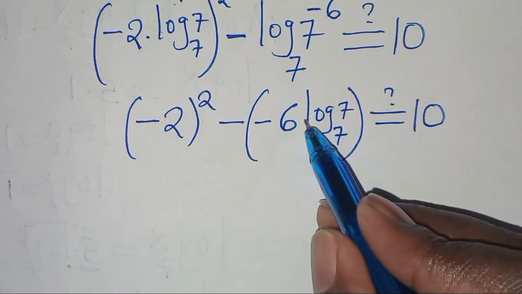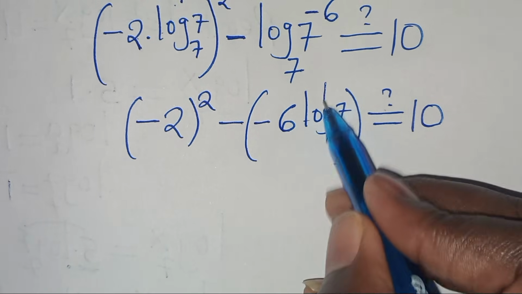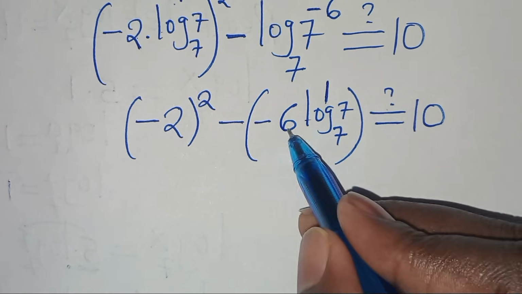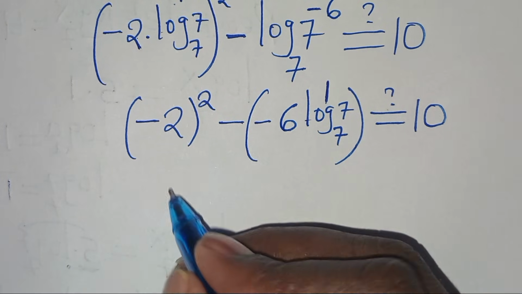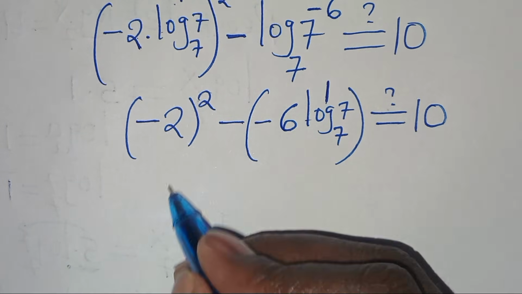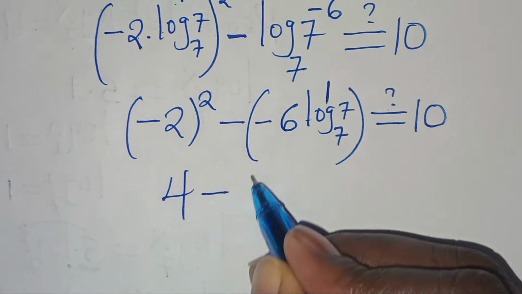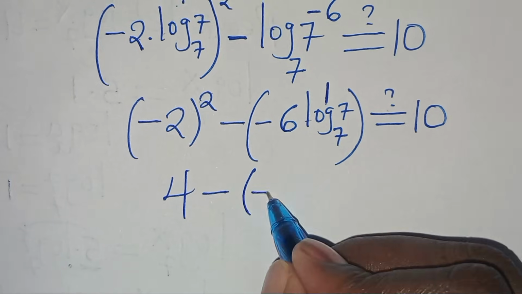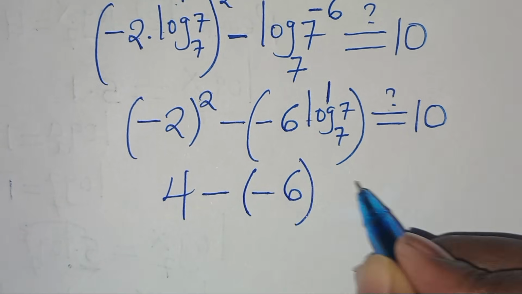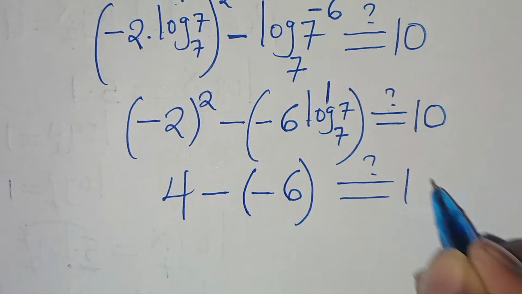So this means that log 7 to base 7 is the same thing as 1. So we have minus 6 times 1, which is minus 6. So we have minus 2 squared, this is 4. Subtract the parenthesis, minus 6. This should give us a value of 10.